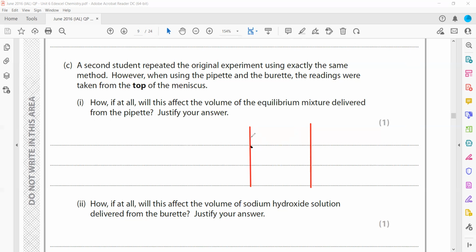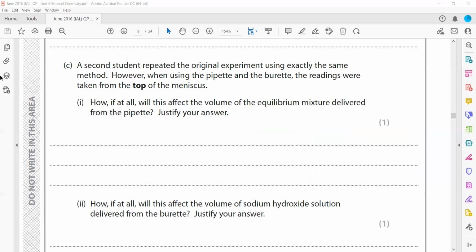For a complete 25 cm cube, we read the lower meniscus. So this will be 25. If the level is lower, like the student reads in this manner, this will deliver a smaller volume into the flask as compared to when we read the lower meniscus.